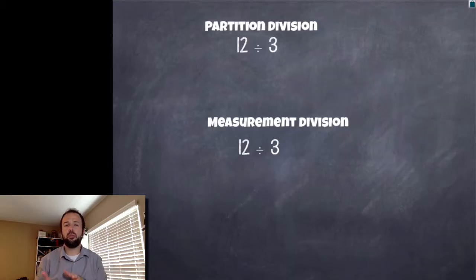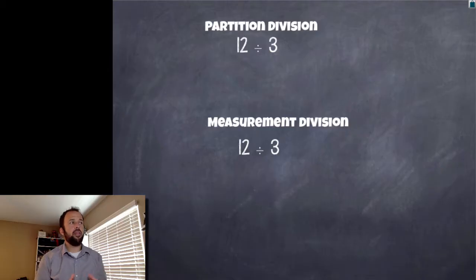Alright guys, so before we jump right into the area model and drawing out an array, we're going to take a step back. In a previous lesson, I talked about two different types of division, two different ways that you think about division when we encounter a division problem. One way is called partition division, and the other way is called measurement division.